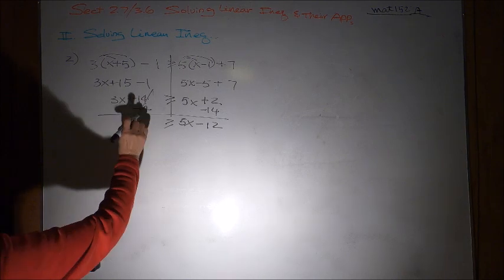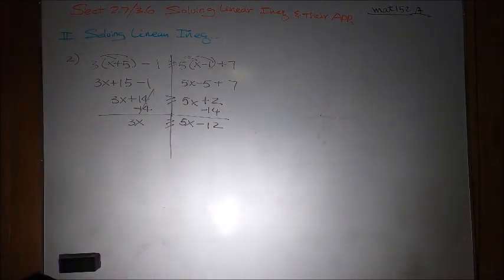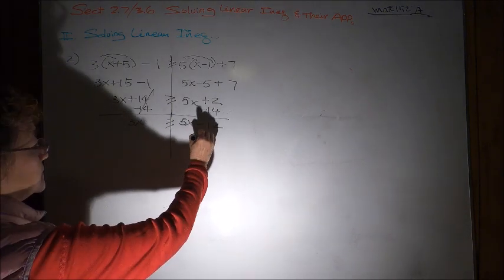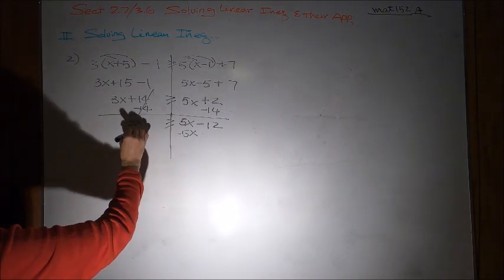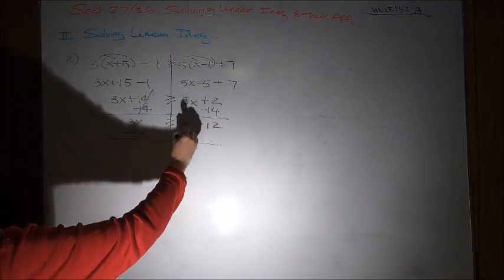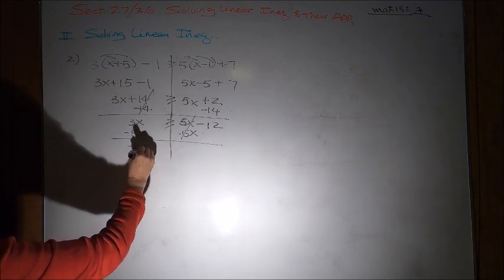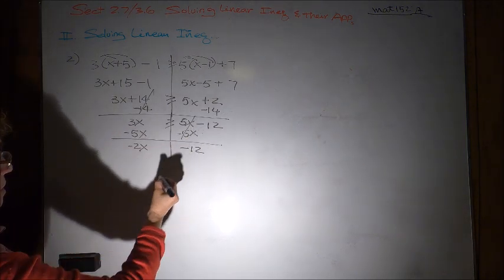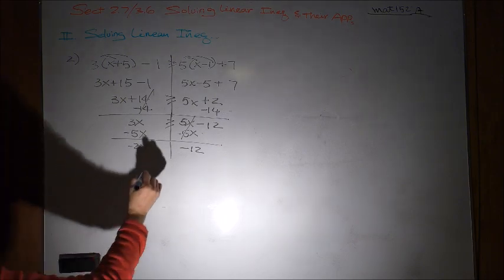Because we just did what? Minus something, not dividing or multiplying by a negative number. Then what do we do? Oops, number is already there. So let's move the x here, right? By minus 5x. So this one will be negative 2x, this one will be negative 12. Should we change the sign, direction?